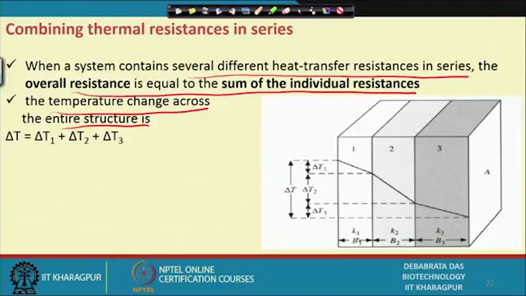So, let us have one resistance, two resistances, three resistances, and see how the temperature changes across the different resistances. The total temperature change is del T1 across this layer, del T2 across this resistance, and del T3 across this resistance.